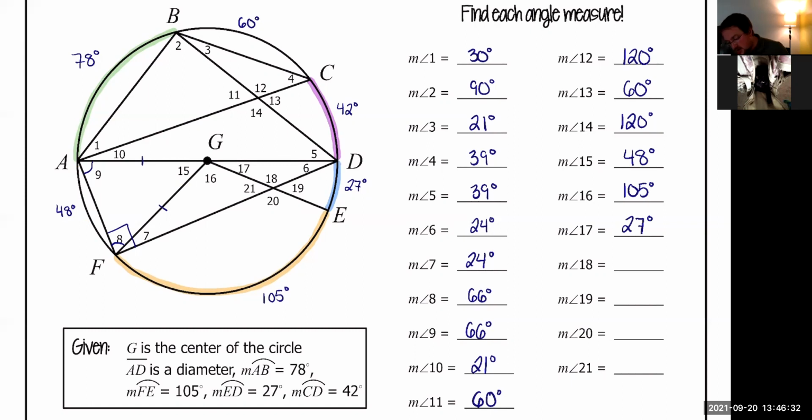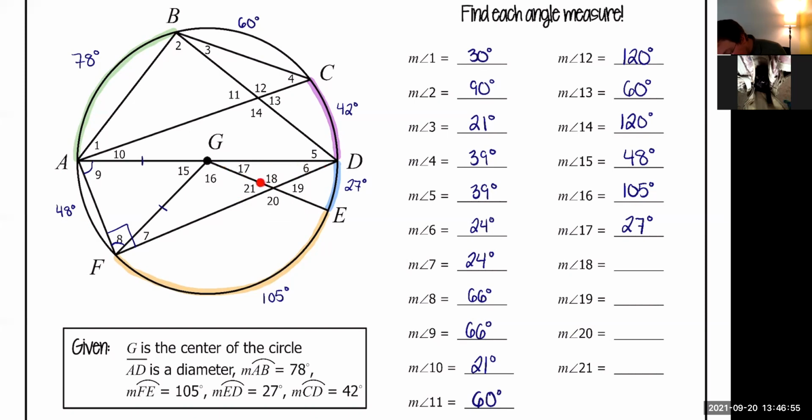Then we have another situation like we have for 11 through 14. Our 18 through 21. Those exist inside the circle itself. So those are neither inscribed nor central. So 18, if I think about it here, let's see. Do I have angle 17? Yes. Do I have angle 6? Yes.